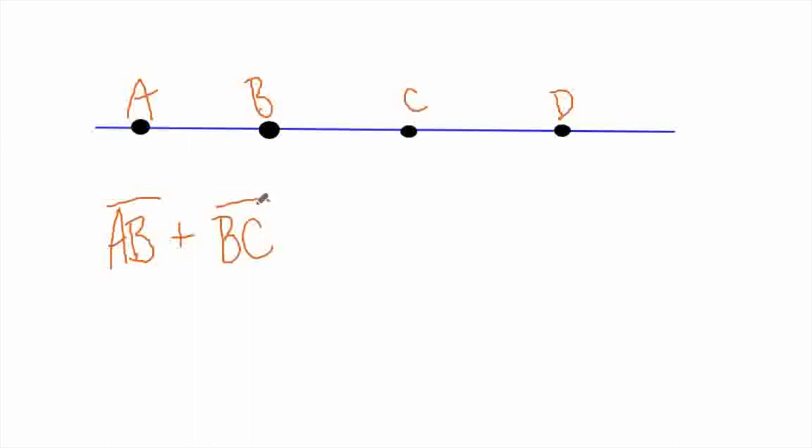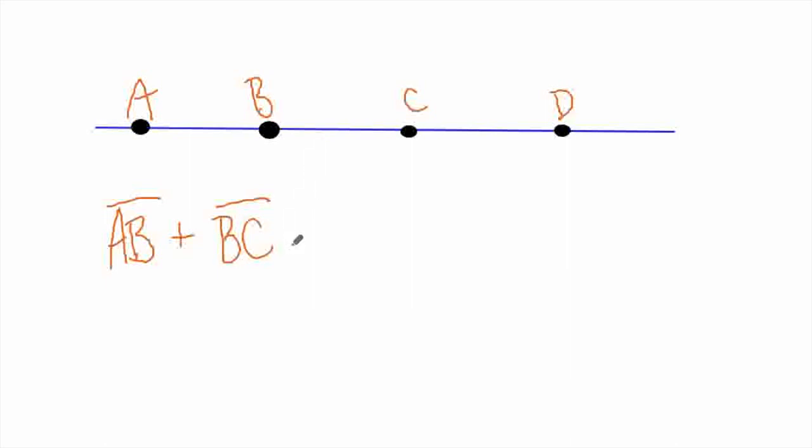What it means to add line segments is, imagine taking two sticks and laying them end to end, in the same direction, all lined up. If you did that, it should be clear that that's going to make a new line segment that's the same distance as between A and C.